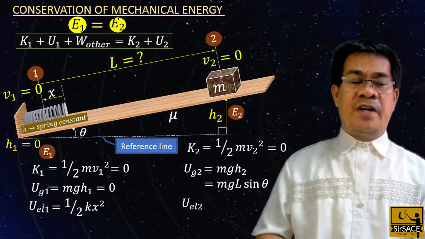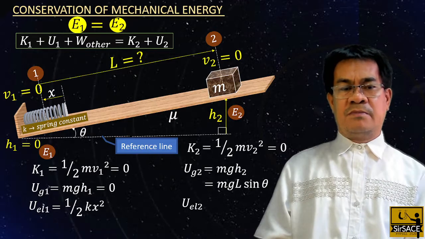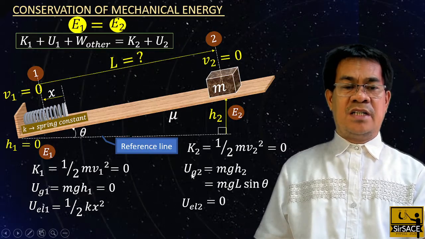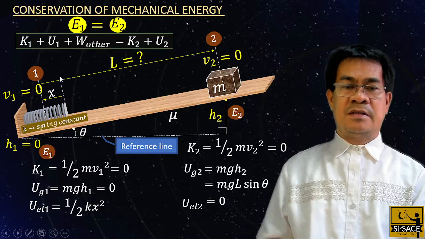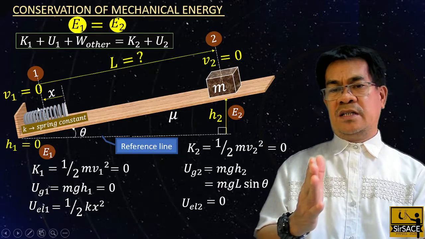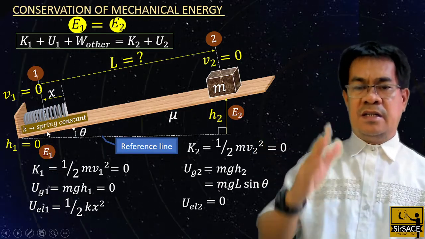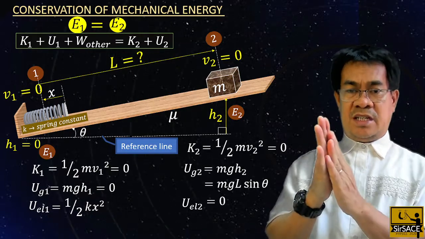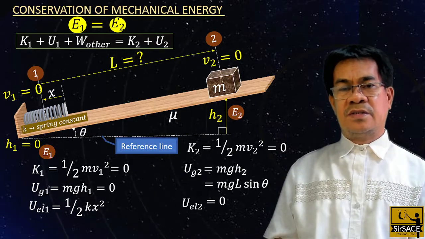Now, for the final elastic potential energy, since we don't have the spring at that point, obviously our elastic potential energy must be 0 because it doesn't have the spring. Now take note that in the spring, at the compressed level, the elastic energy is maximum, but it decreases towards 0 when x is equal to 0.